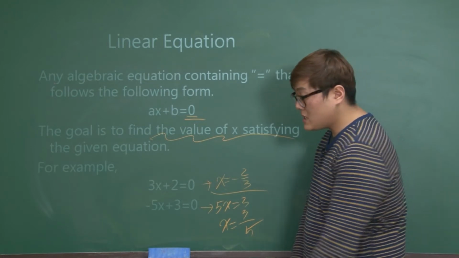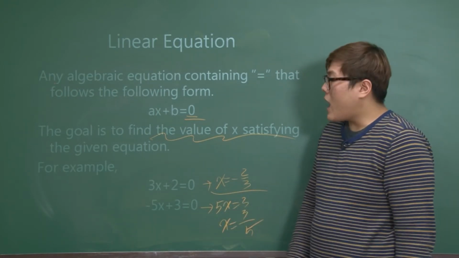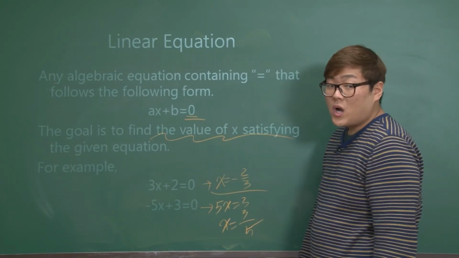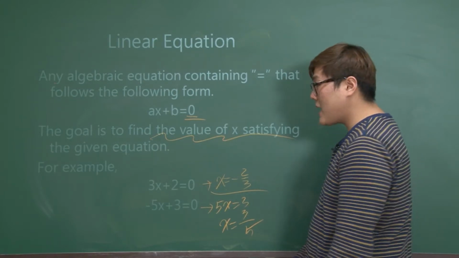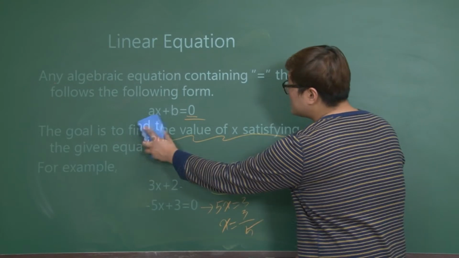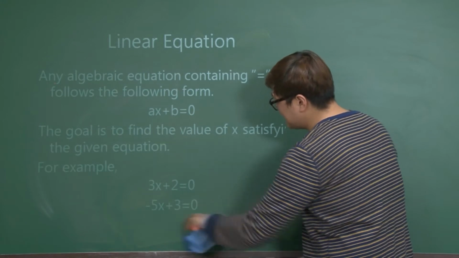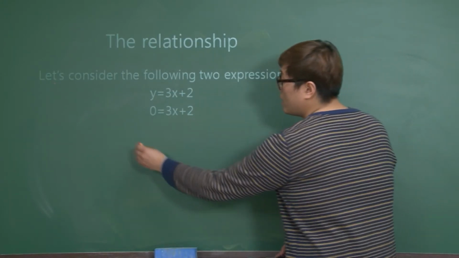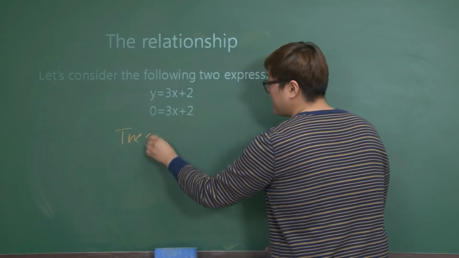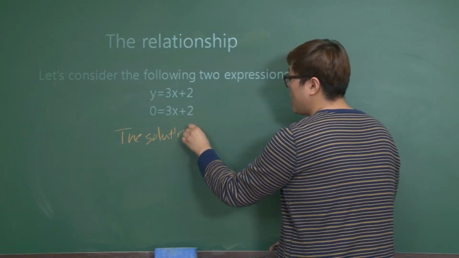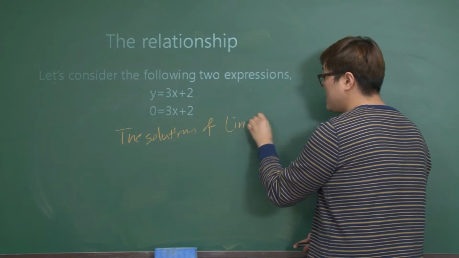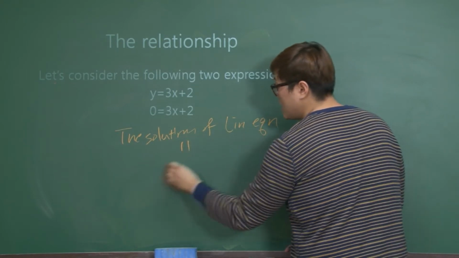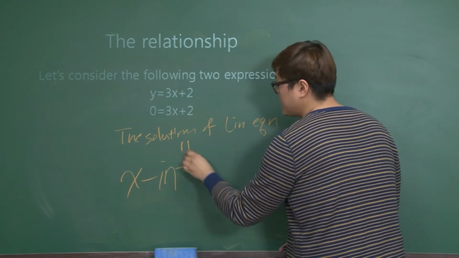So simple, right? Instead of y, we have 0 on the right-hand side, so we plug 0 into y. What is the relationship? The solution of a linear equation means the x-intercept.